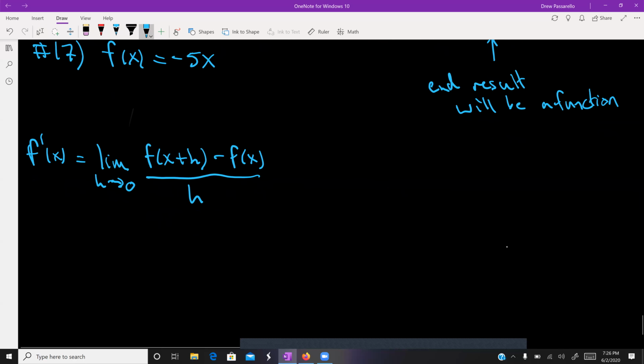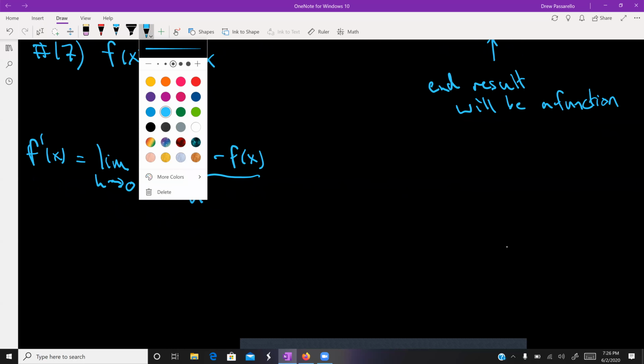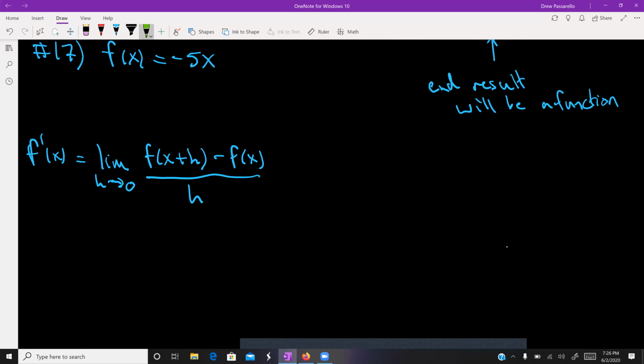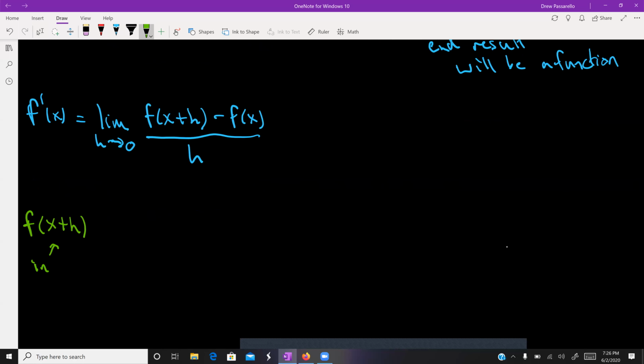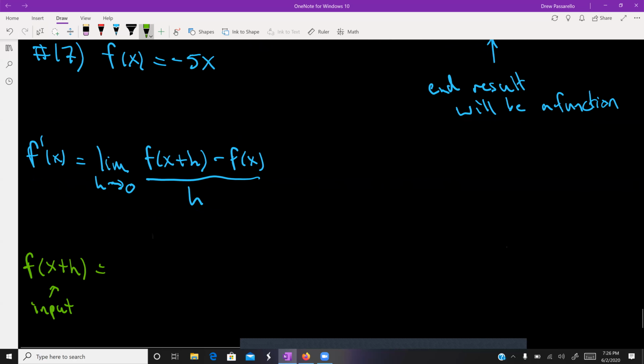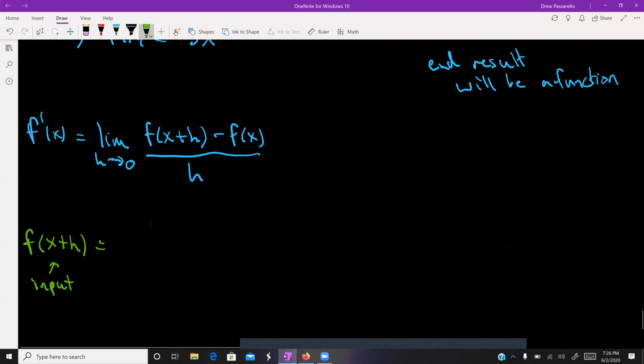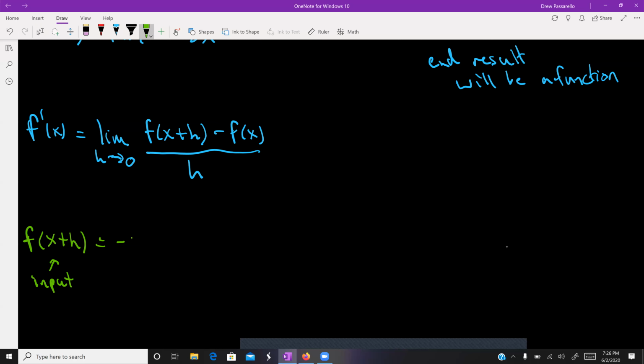Now, I'm going to do this off to the side, so I'll use green. If I wanted to find f of x plus h, that's plugging in my input, which is x plus h, into the function. The function's -5 times x. So instead of -5 times x, it'll be -5 times parentheses x plus h.